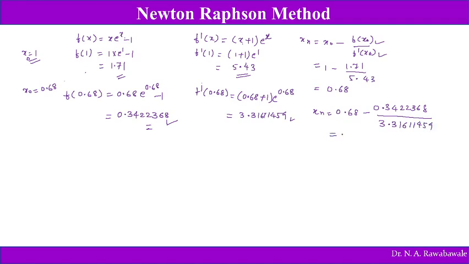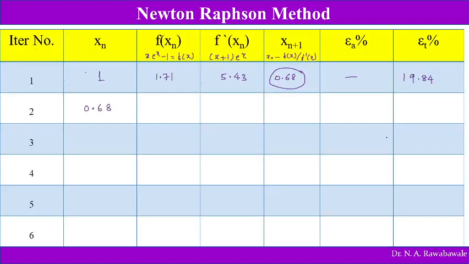So the revised value of this root we get as 0.582787. So we substitute these values in this table.